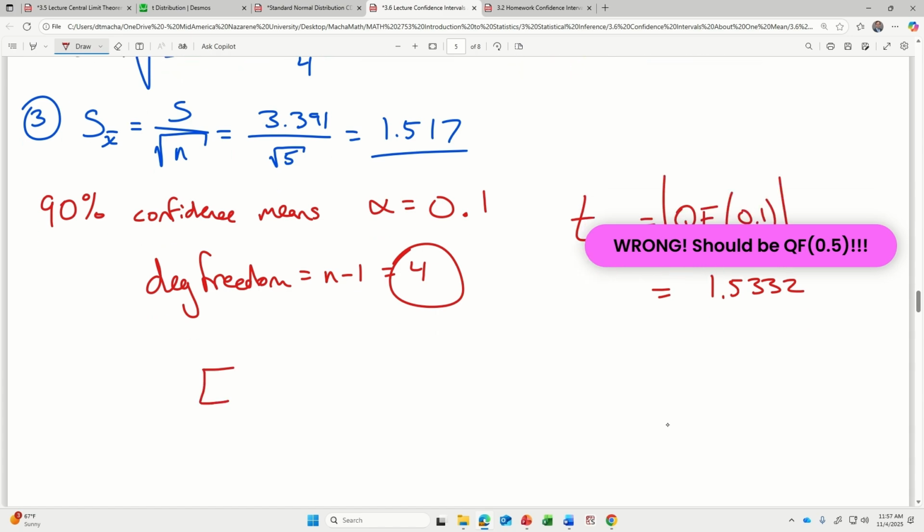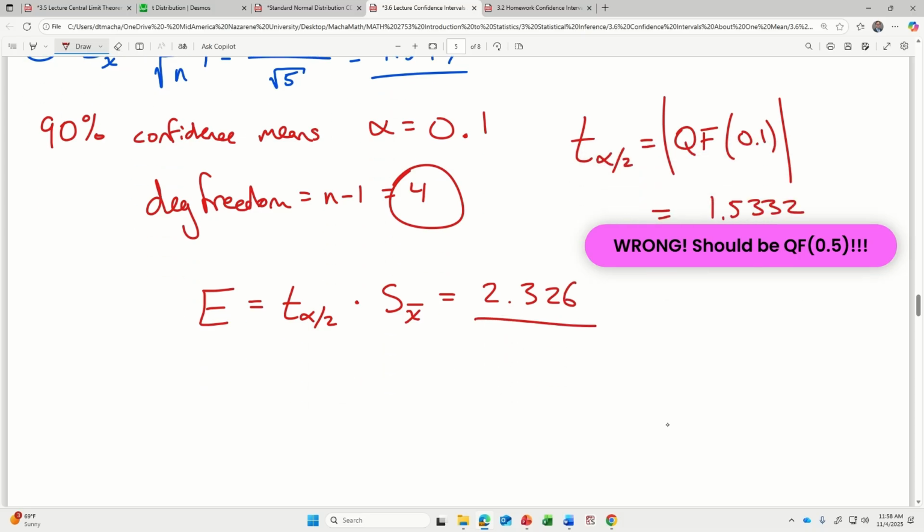My margin of error is going to be my critical value times my standard error of the mean. So in other words, that's 1.5332 times 1.517, and that gives me 2.326 as my margin of error.